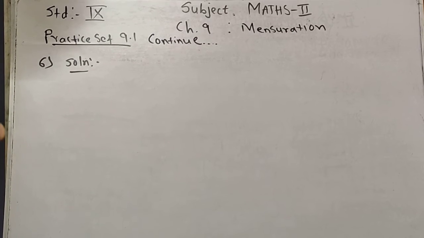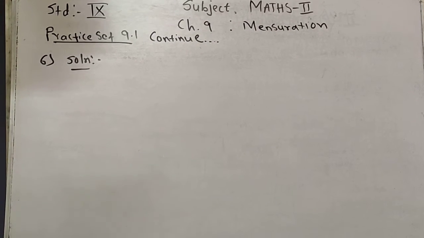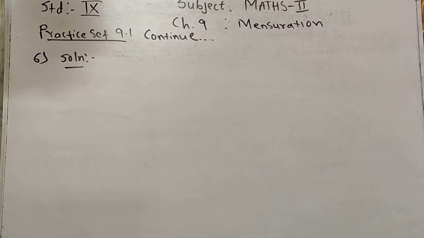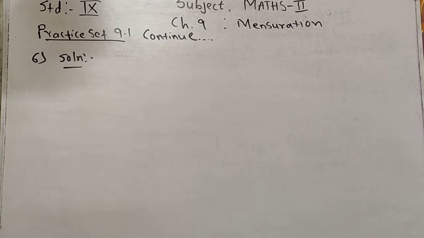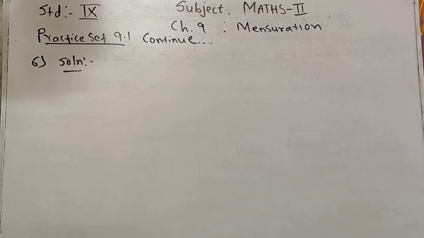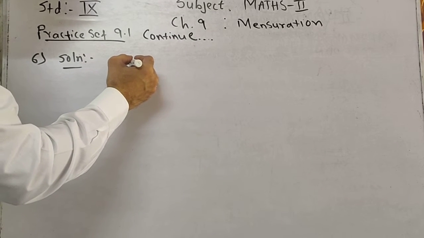Okay, now come to sum number 6, practice set 9.1. Sum number 6 is, what is the volume of a cube having length of edge 7.5 centimeter. So the side is given.